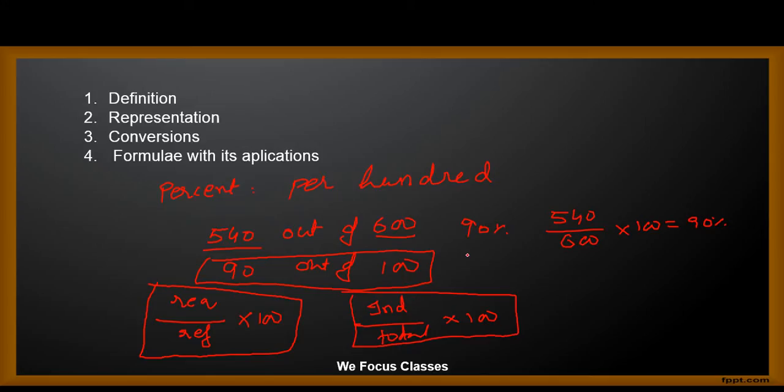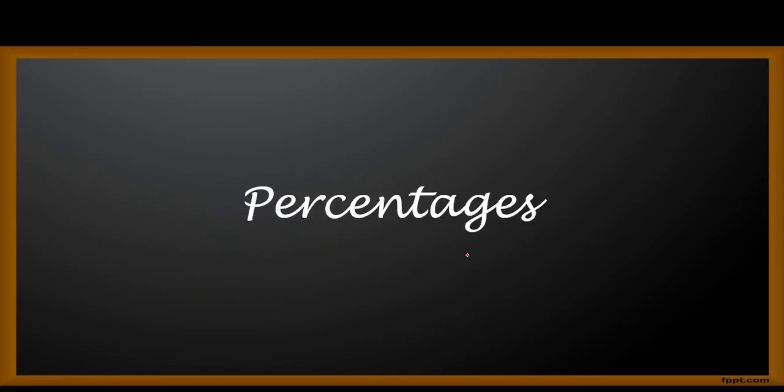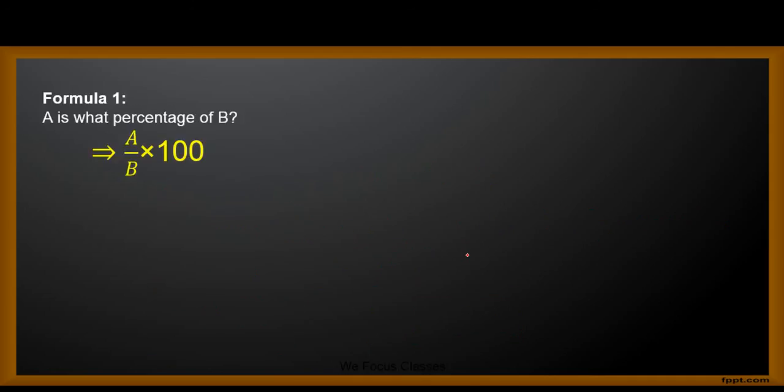Let us go through its representation. Now, A is what percentage of B? What is the reference value here? We are calculating A with respect to B. So B acts as a reference, so I take it in the denominator, and A is the required value, so A by B into 100.